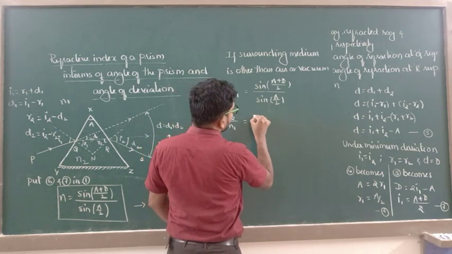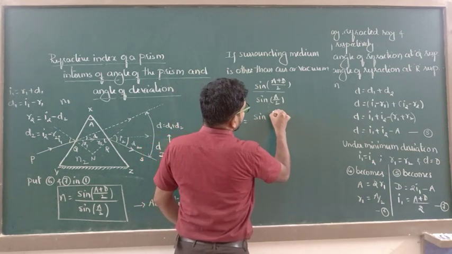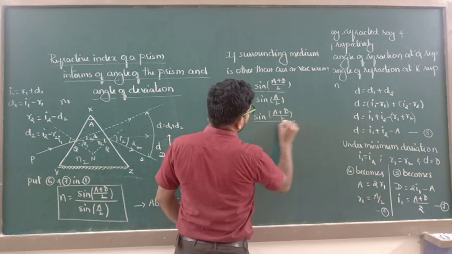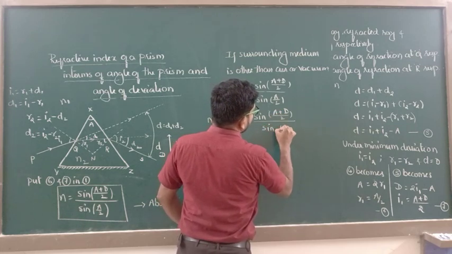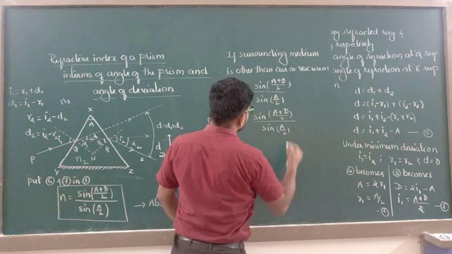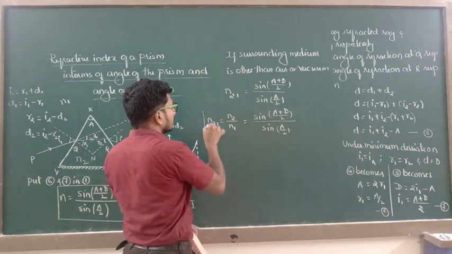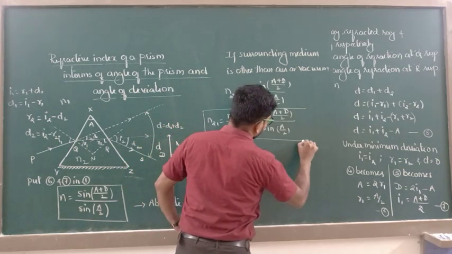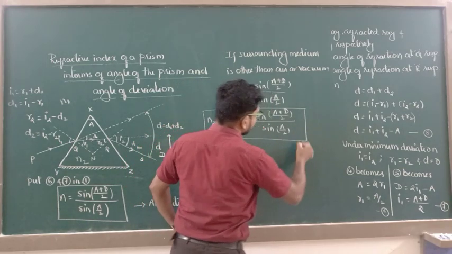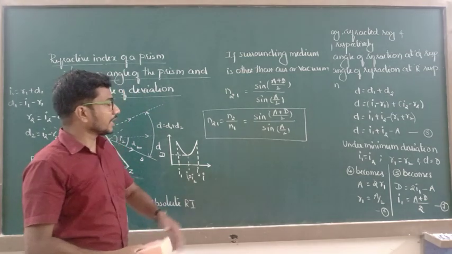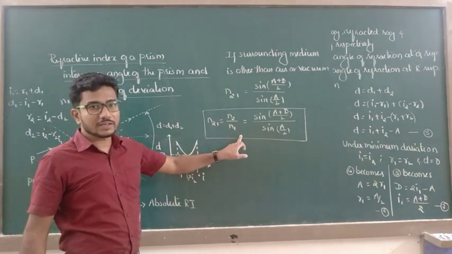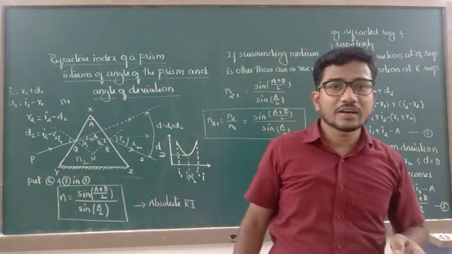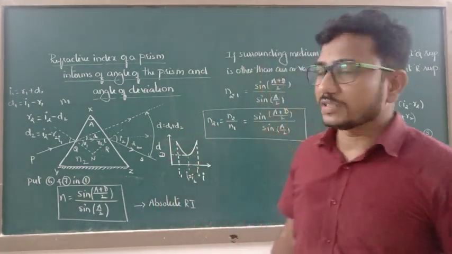This is equal to sin A plus D divided by 2 whole divided by sin A by 2. When surrounding medium is other than air or vacuum, by substituting refractive indices of those two media, we can calculate angle of the prism or angle of deviation.